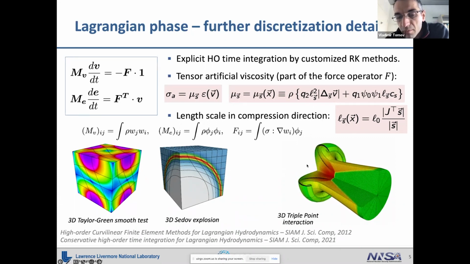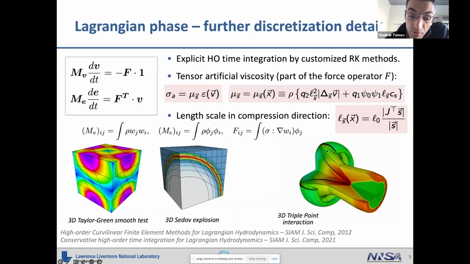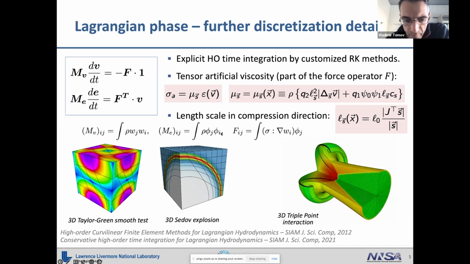There are other materials around it, but you can see how the Lagrangian motion follows the deformation. It requires that level of robustness and that level of deformation. It really requires being very accurate with the length scale and the viscosity.